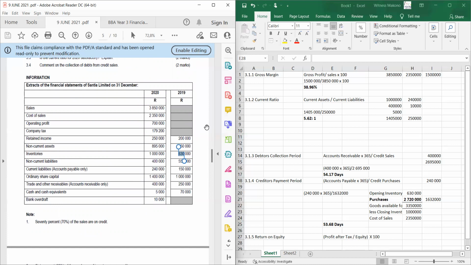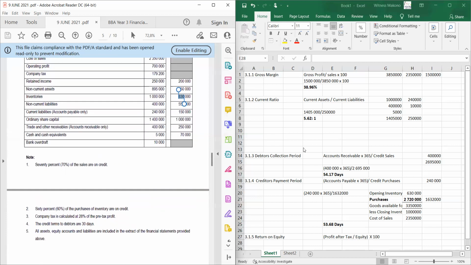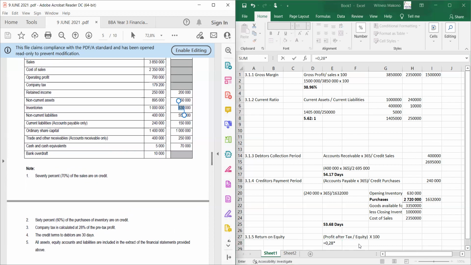According to them, calculate 28% of the pre-tax. So we come here and say equals, to calculate the tax, 0.28 times the pre-tax, which is 700,000.